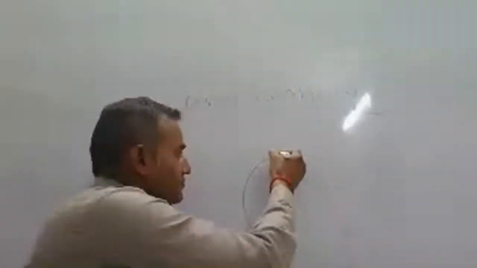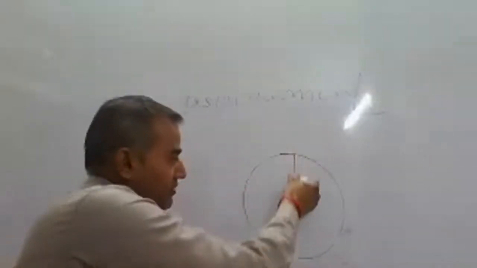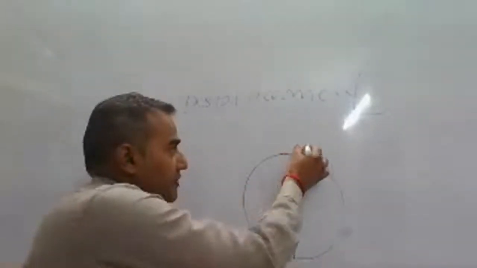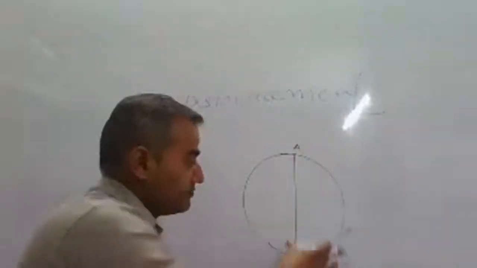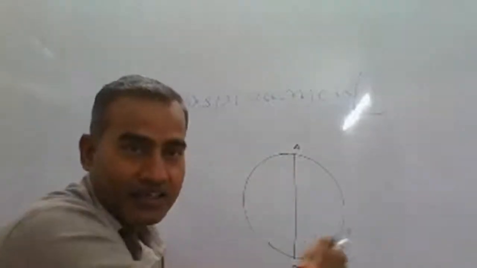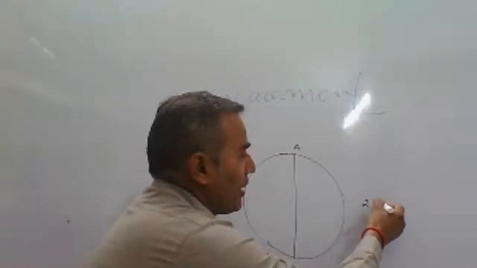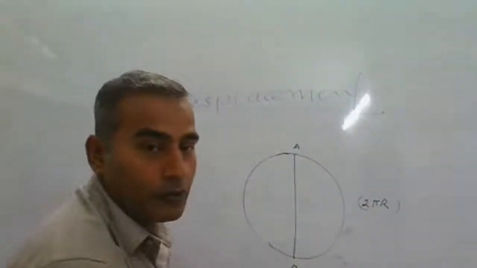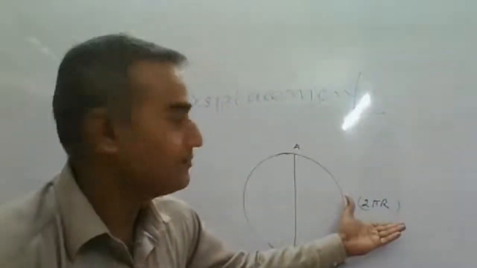Circular motion. In circular motion, take diameter AB. This is the minimum distance between the two points A and B. Circumference is 2 pi r, and it is distance.